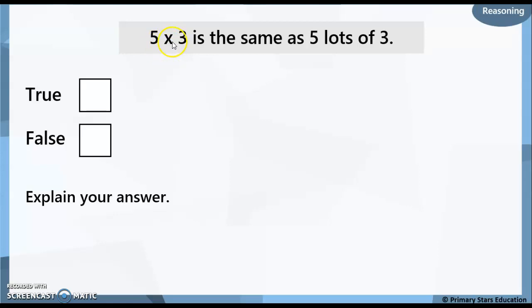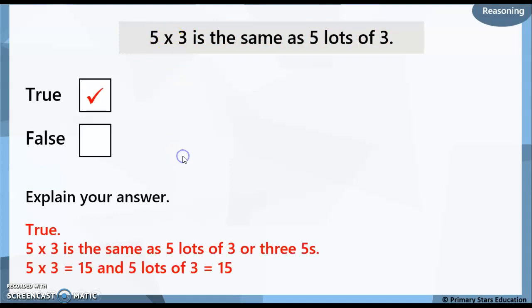So 5 times 3 is the same as 5 lots of 3 because this sign means lots of. It's true. 5 times 3 is the same as 5 lots of 3 or 3 5s. 5 times 3 equals 15 and 5 lots of 3 equals 15, so it has the same answer as well.